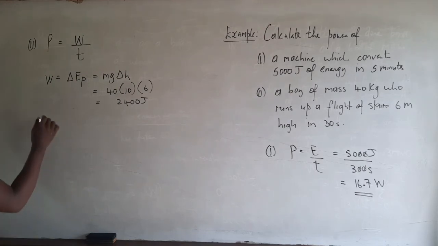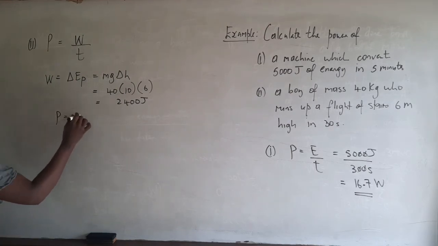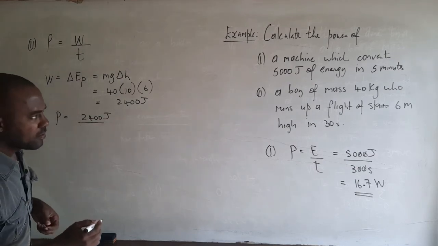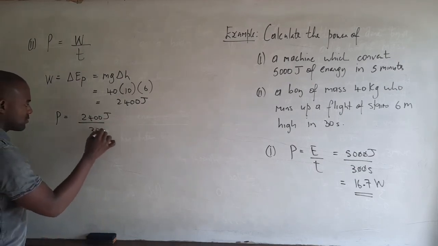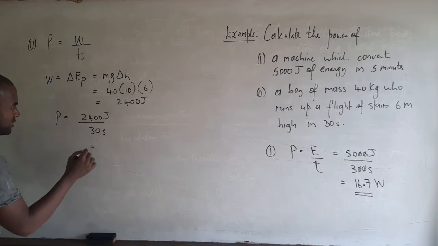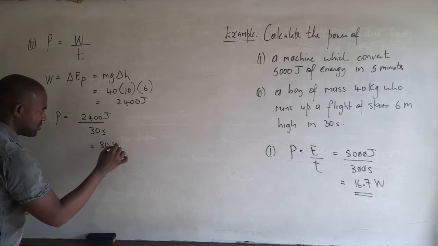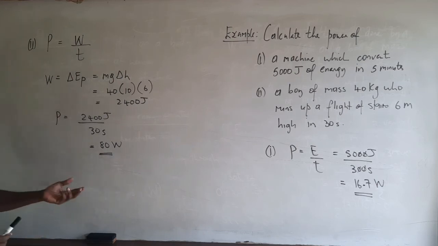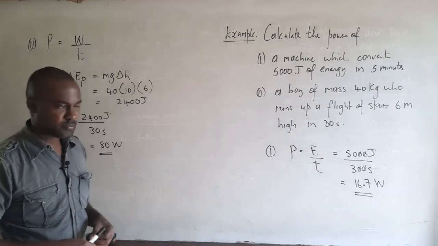And therefore the power is equal to 2400 joules divided by 30 seconds. And this gives us 80 watts. So the boy develops a power of 80 joules per second, or 80 watts.